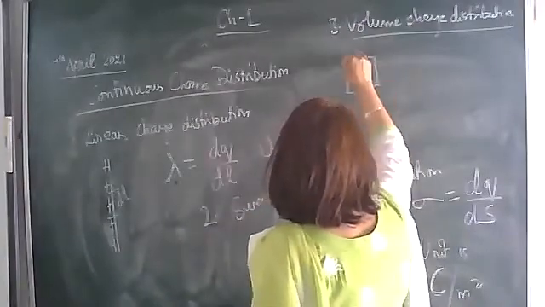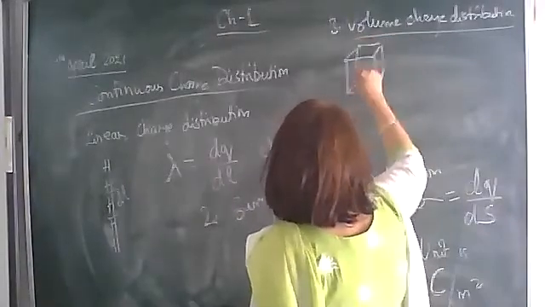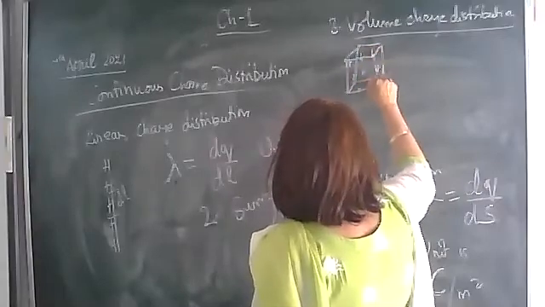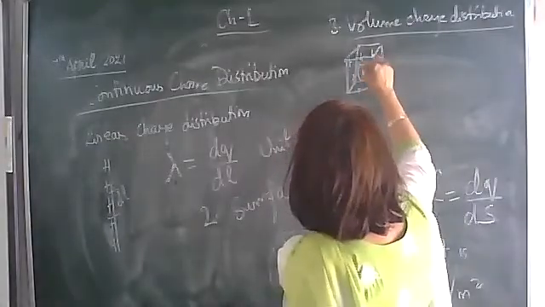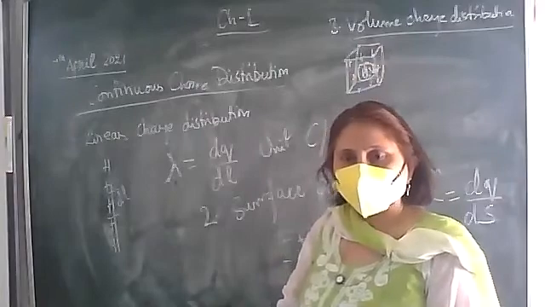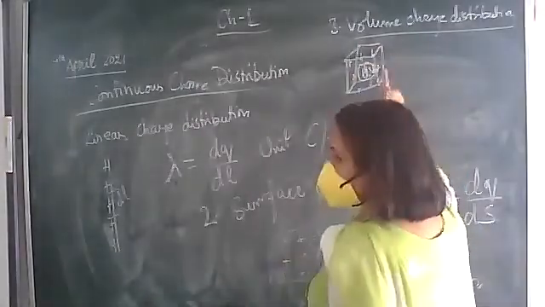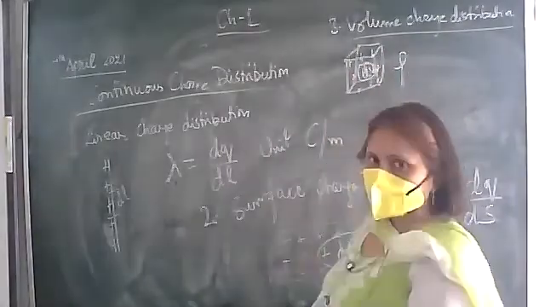For example, let us consider this cube, with charges inside this cube. We consider a small volume dV inside. So here we calculate volume charge density, rho.